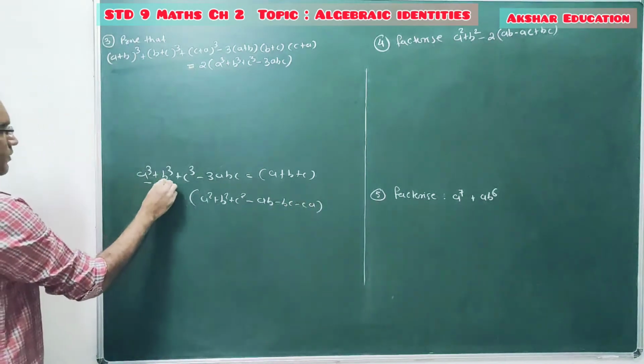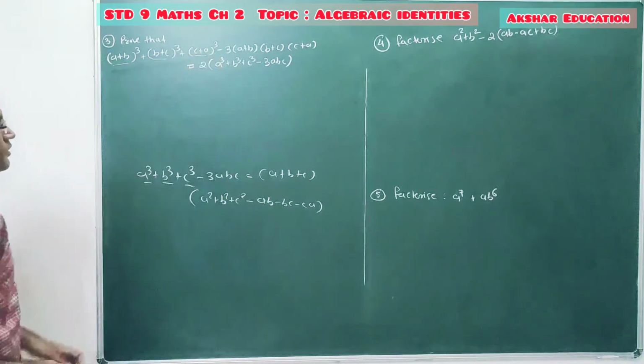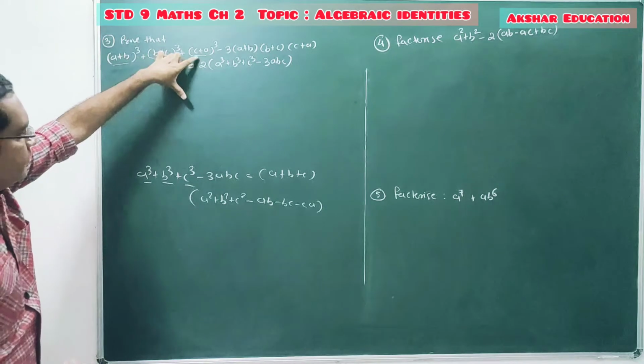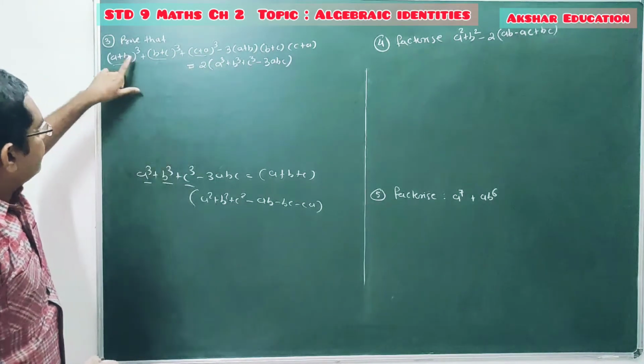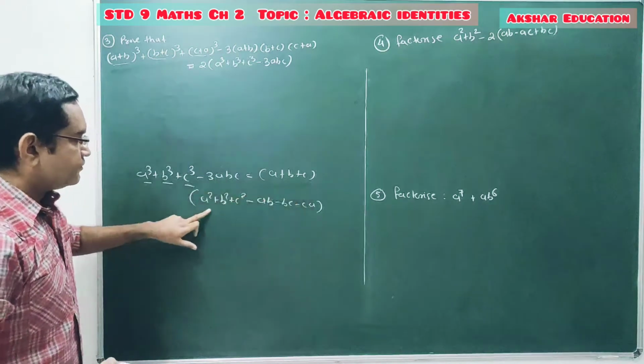So instead of this a, b and c, we are having a plus b, b plus c and c plus a. So consider a plus b as a, b plus c as b, c plus a as c, minus 3abc. So instead of abc, a plus b, b plus c, c plus a. So we are applying this formula.